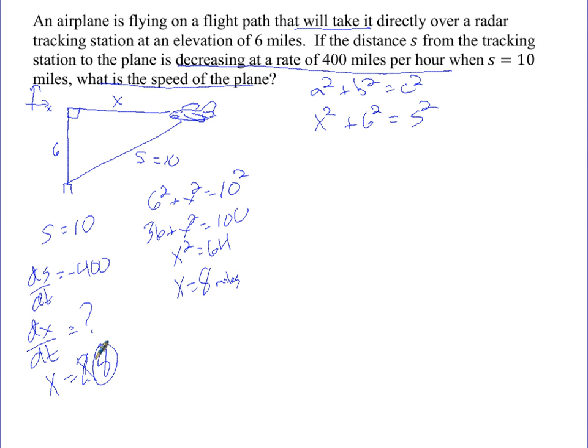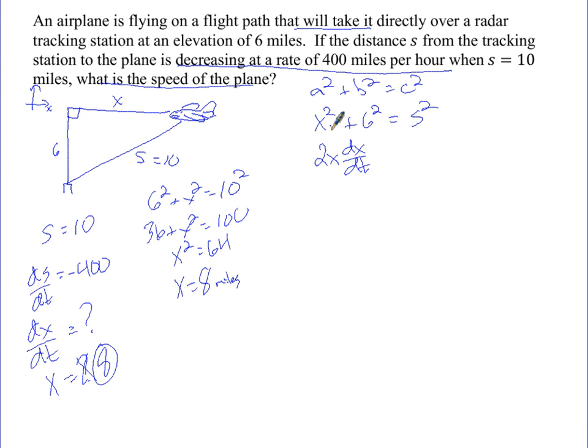So we can come over here and take the derivative. The derivative of this formula is what? 2x dx over dt. We are taking the derivative, aren't we? But we're taking the derivative of this, right, with respect to t.